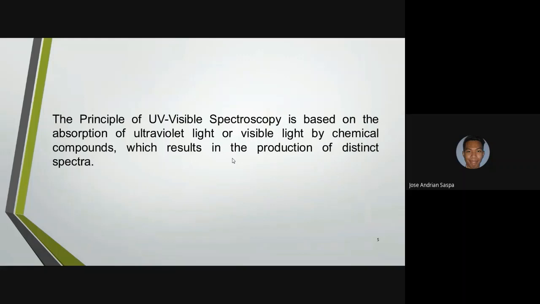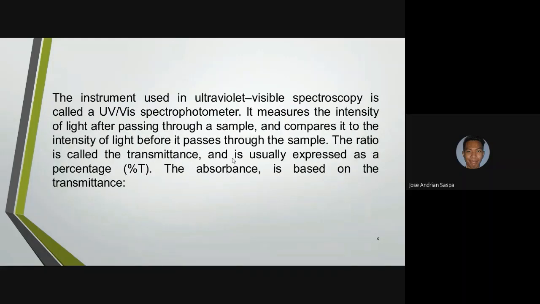It is important to note that the difference in the energies of the ground state and excited state of the electron is always equal to the amount of ultraviolet radiation or visible radiation absorbed by it. The instrument used in ultraviolet visible spectroscopy is called a UV-vis spectrophotometer.